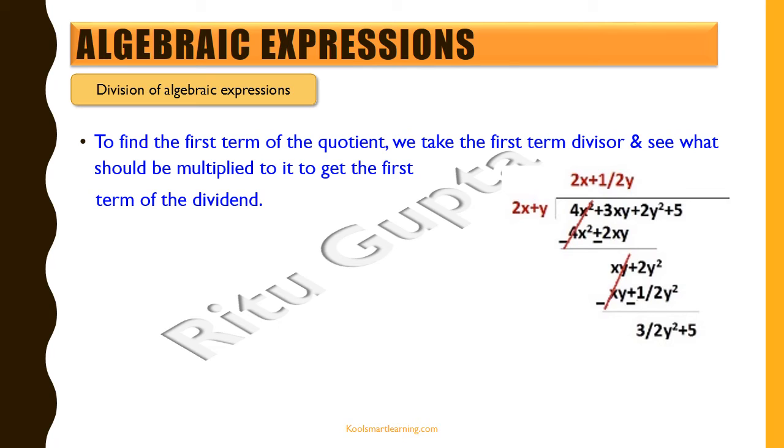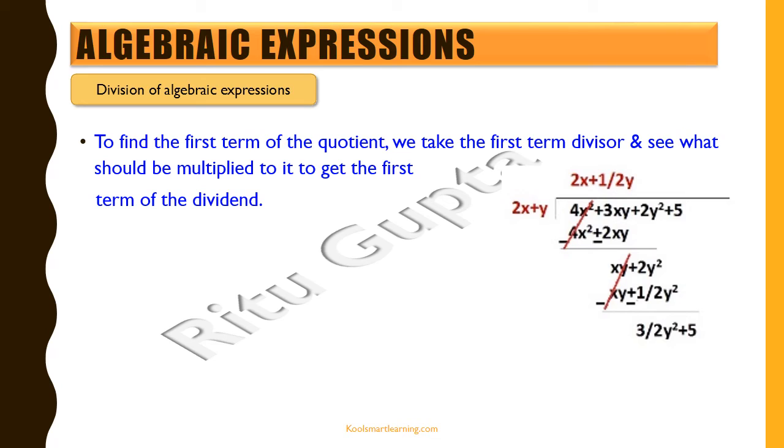So if we were to divide it with 2x plus y, we'll first arrange it in this sequence where the highest exponent of x is taken as the first term, then the reducing exponent of x would be taken as the consecutive term. So this is the first rule before performing the division.